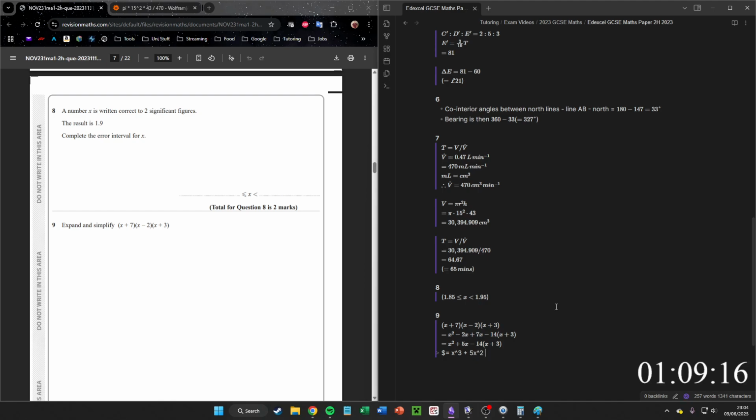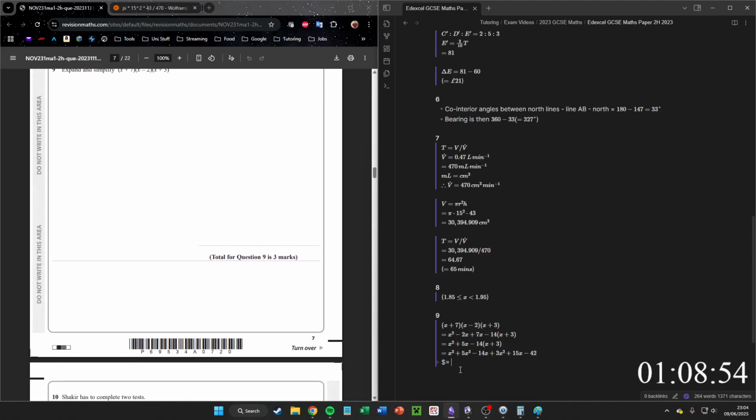Third times first is minus 14x. Then first times second is plus 3x squared. Second times second is plus 15x. And third times second, 14 times 3, 42, so minus 42.